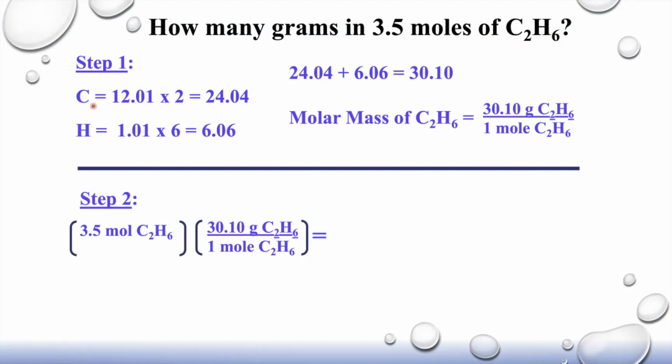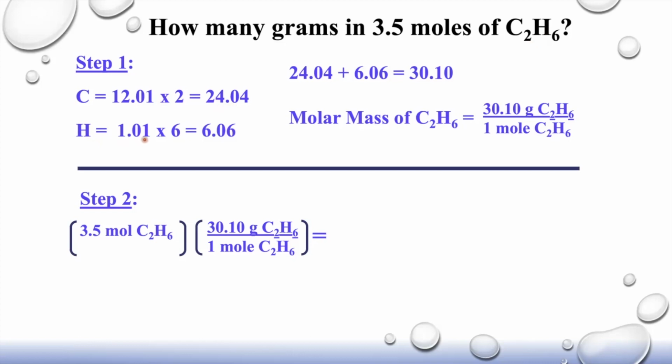So let's look over here. The atomic mass of carbon is 12.01. You get that from your periodic table. Because there are 2 atoms of it, we multiply that by 2, getting 24.02. Hydrogen, the atomic mass of hydrogen is 1.01.